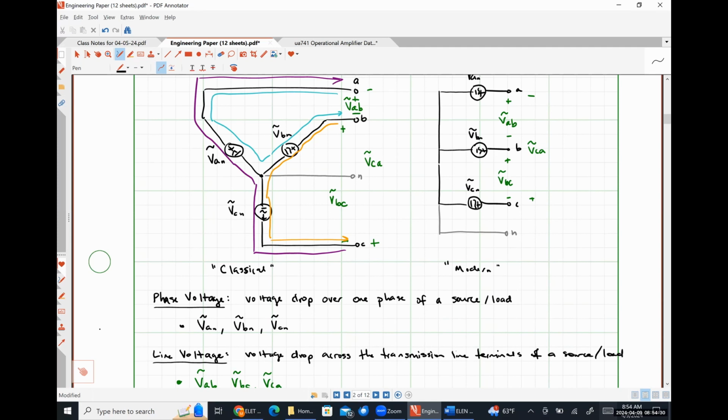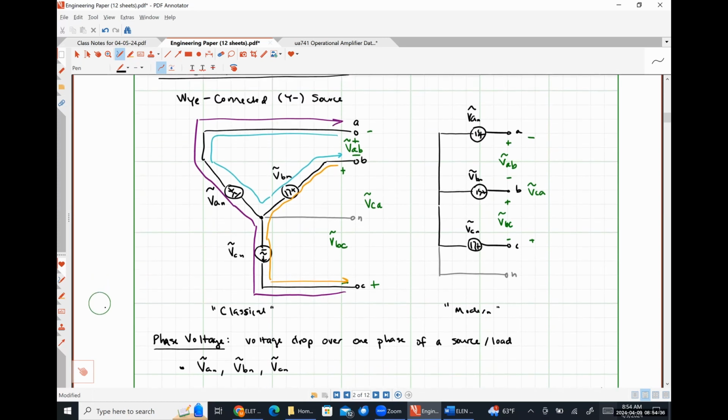So let's talk about this double subscript notation thing that I'm using here, because it's also going to tell us effectively where our positive polarity and negative polarity terminal have to be. Right? So the first letter in our subscript is always going to be the positive polarity terminal. And the second letter in our subscript is the negative polarity terminal of that notation.